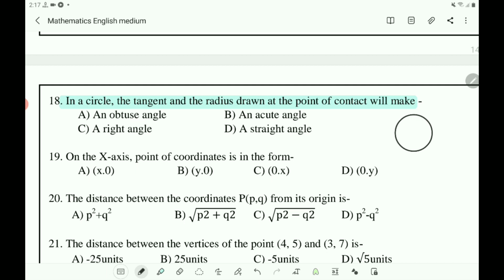Tangent and radius at the point of contact make how much angle? 90 degrees, a right angle. Option C, a right angle.